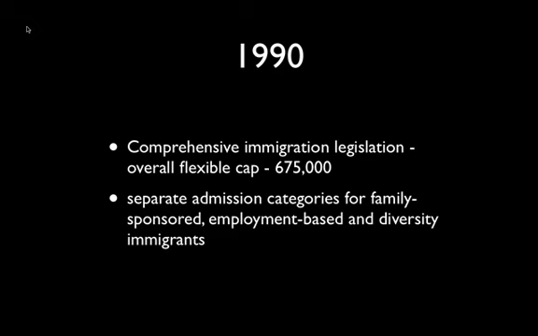There were, however, separate pathways that you could take for a family-sponsored immigrant or an employment-based immigrant or people from countries that aren't as well represented in our country. So if you're from Djibouti, maybe you had a better chance of coming over because there weren't as many people here from Djibouti yet.